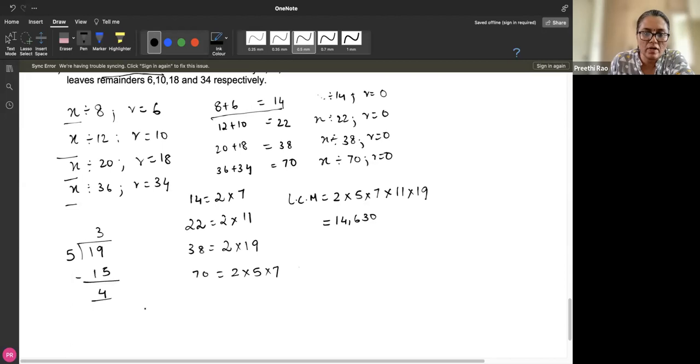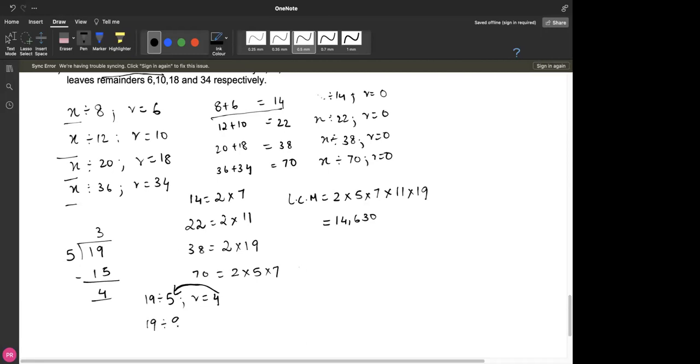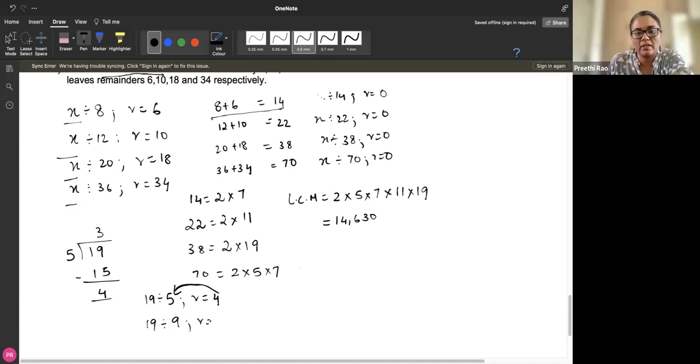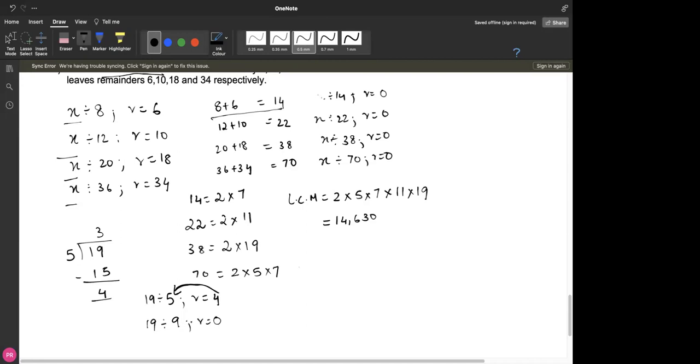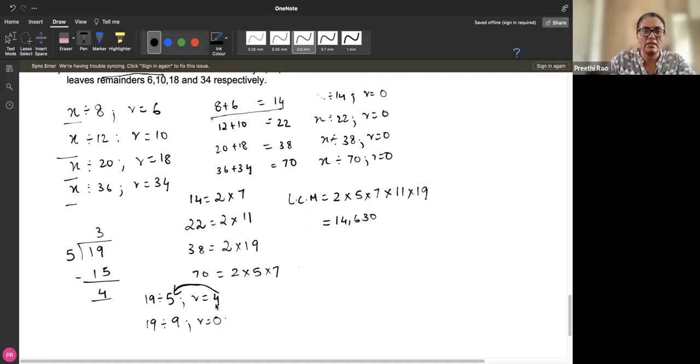So what Aitreya is saying is when I divide 19 by 5 and the remainder is 4, I add the 4 to the 5. So 19 divided by 9 is not divisible, but she says the remainder is 0. Is this working? No, it is not. Ma'am, okay, that's okay.